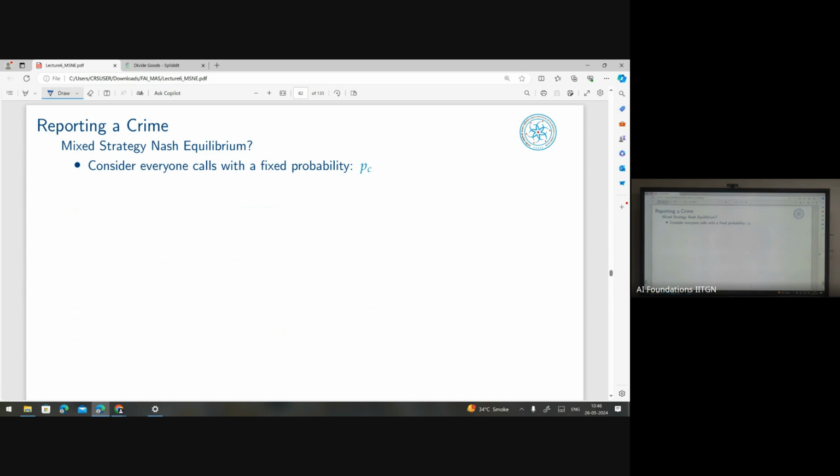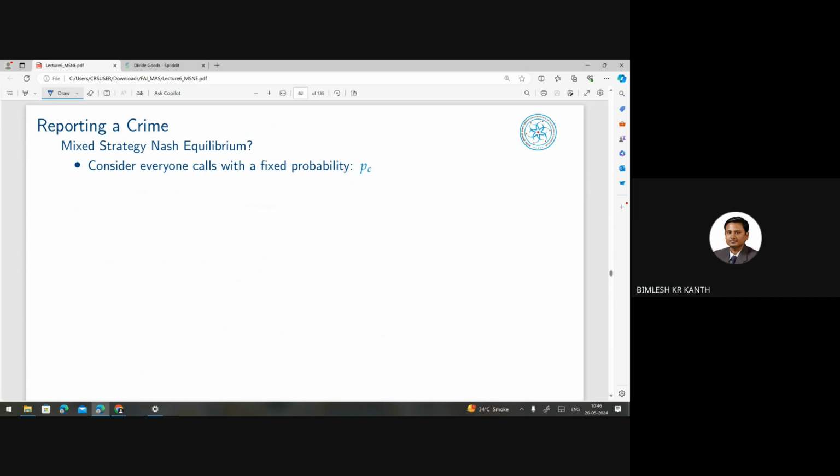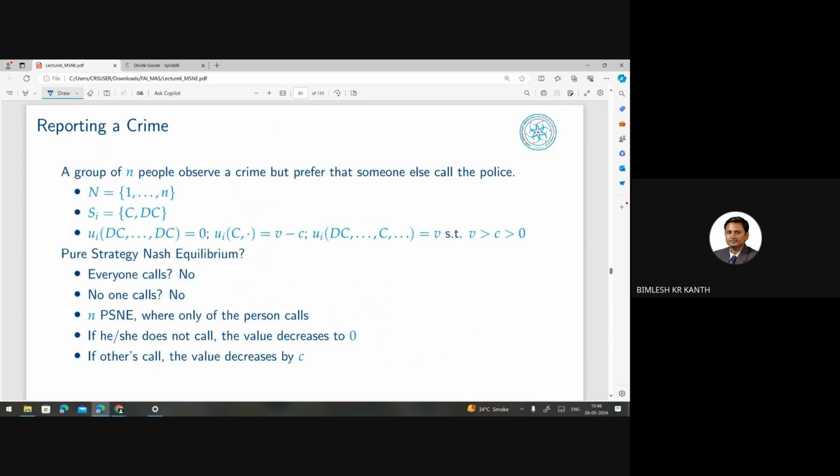Can we revisit the previous one quickly? Yes. Here we have n people, and for each person, the strategy is either to call the police or not to call the police. Correct? Yes.